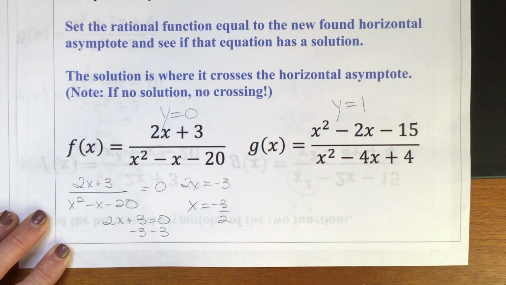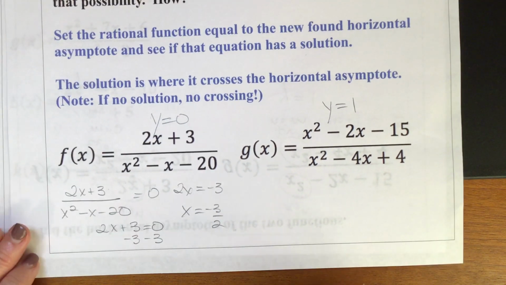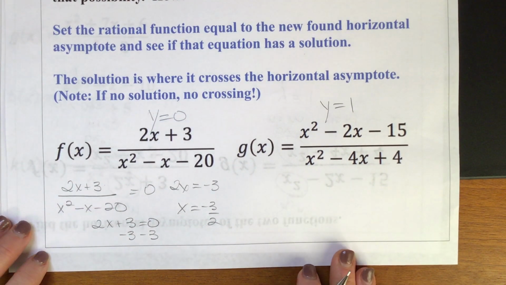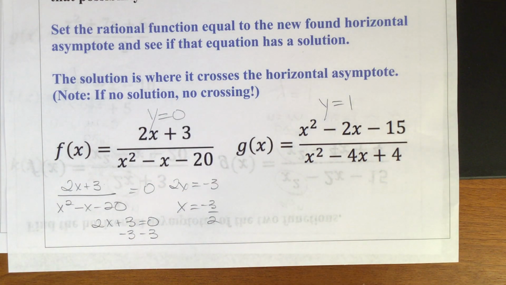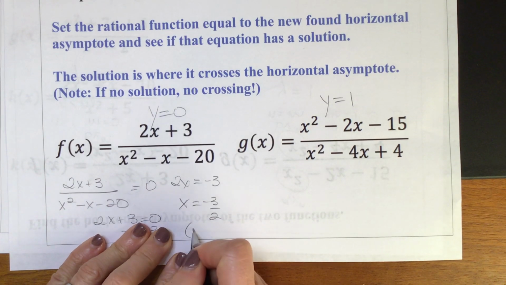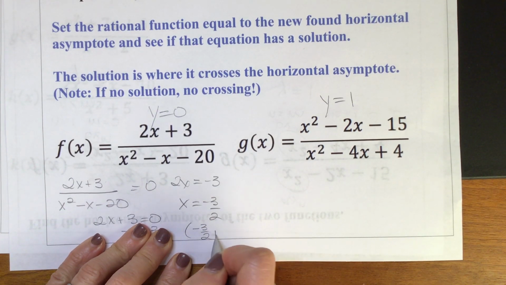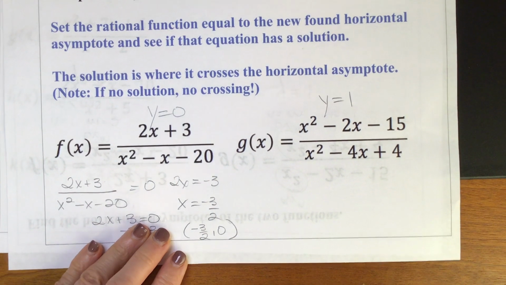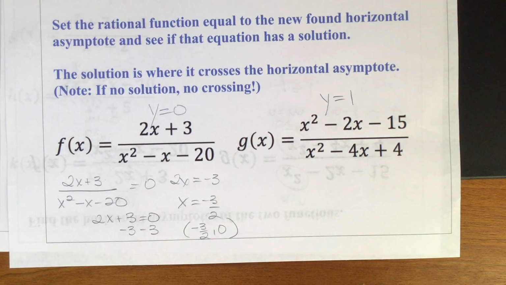3 halves. That means that because I was able to solve for x, we do cross the horizontal asymptote, and we cross it at negative 3 halves, 0, otherwise known as our x-intercept.